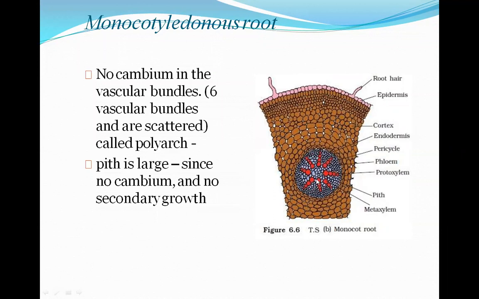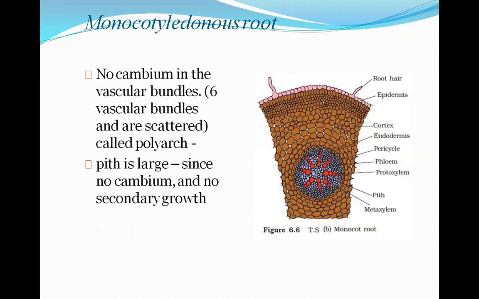and as the cambium is not present, no secondary growth is observed here. In the dicot root, the pith was small, and there was the presence of the cambium. For this reason, the growth there was secondary growth, which means it was continuously dividing.